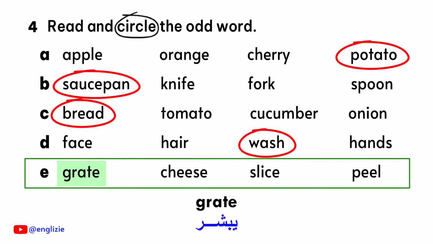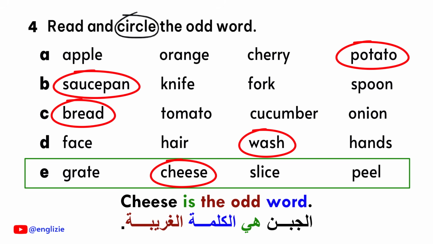E. Grate, cheese, slice, peel. Cheese is the odd word.